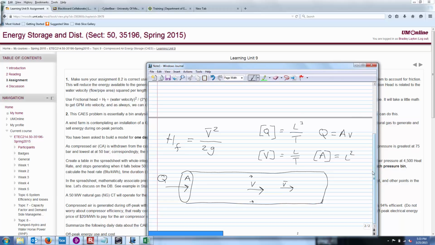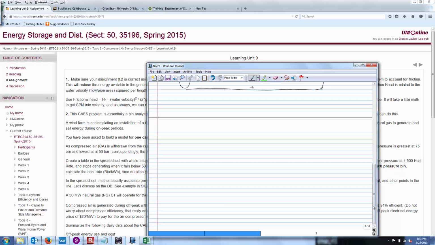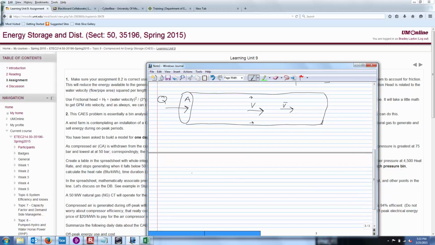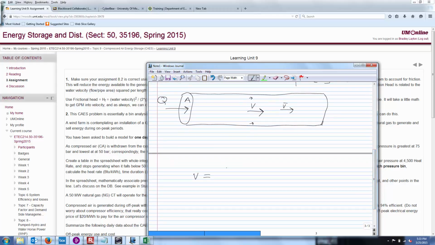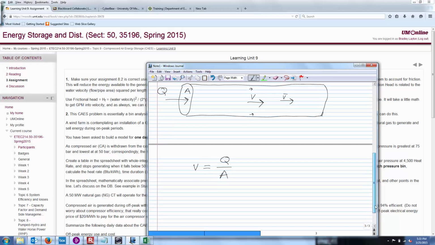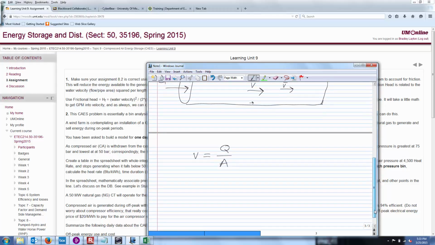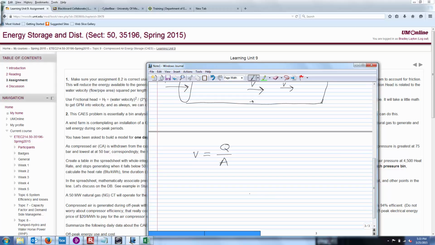We've got Q and we need V. Yep. So then we'll just change this around a little bit and say that V equals Q over A. So let's throw some numbers in.